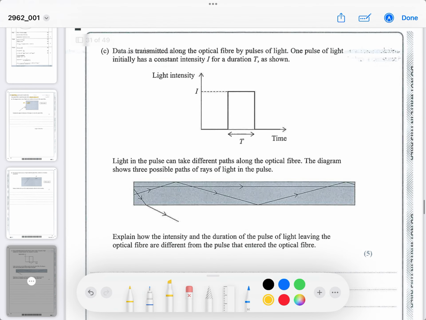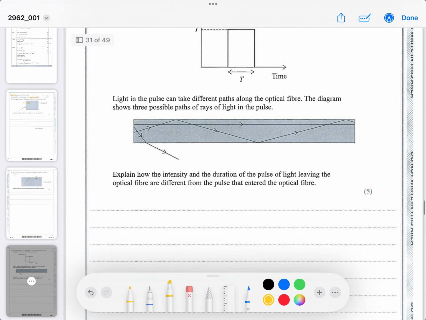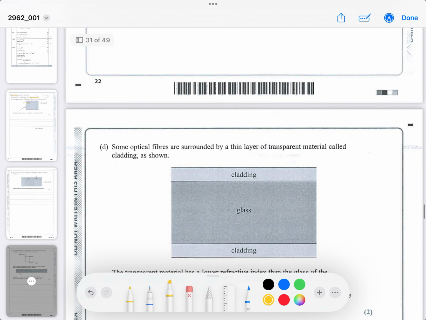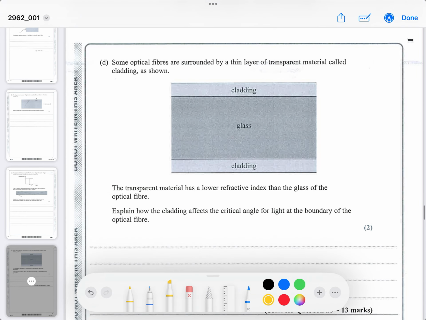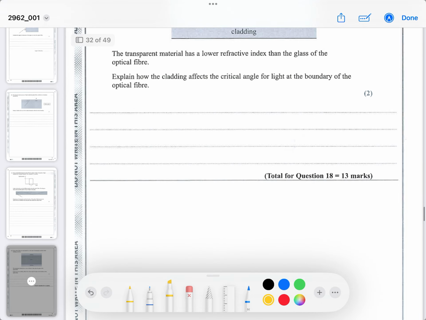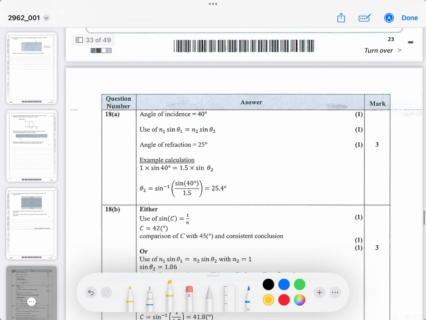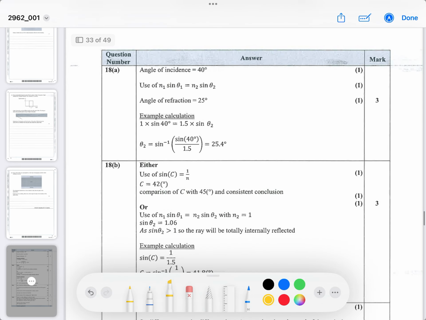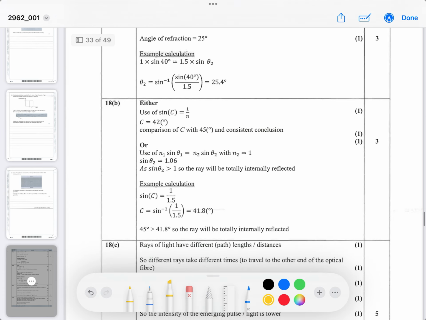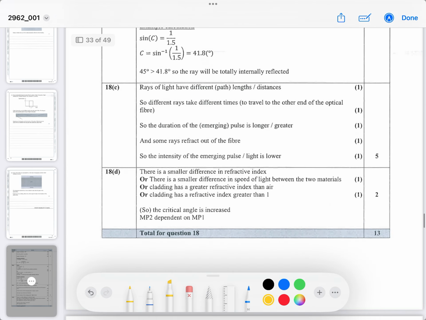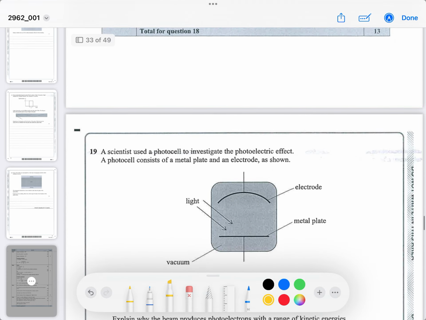There you've got fiber optics. And then you've got some cladding around the fiber. It's a 13 marker, so I didn't do that in this paper. And there's the mark scheme. I haven't read the full question because it's quite a long question, this one. So it will require a separate run through.